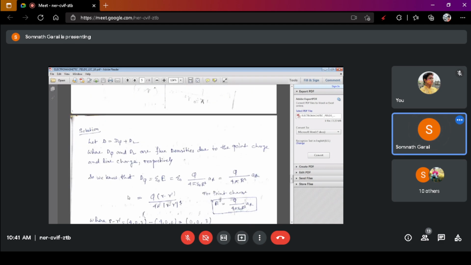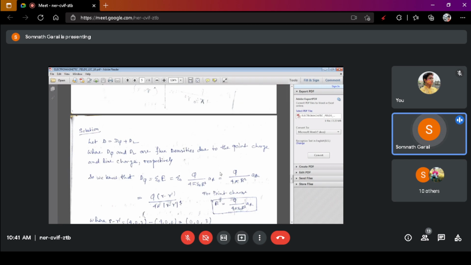So we know that D_Q, that means flux density with respect to a point charge, is equal to epsilon naught into E. E is the electric field intensity with respect to point charge, and it is already calculated for the point charge as Q divided by 4 pi epsilon naught r square into AR.